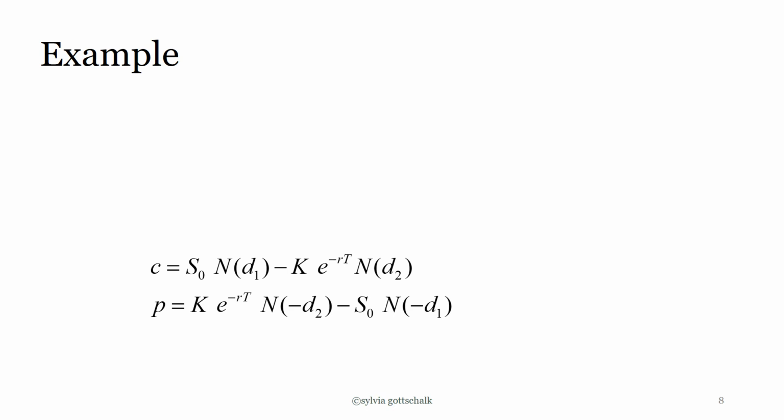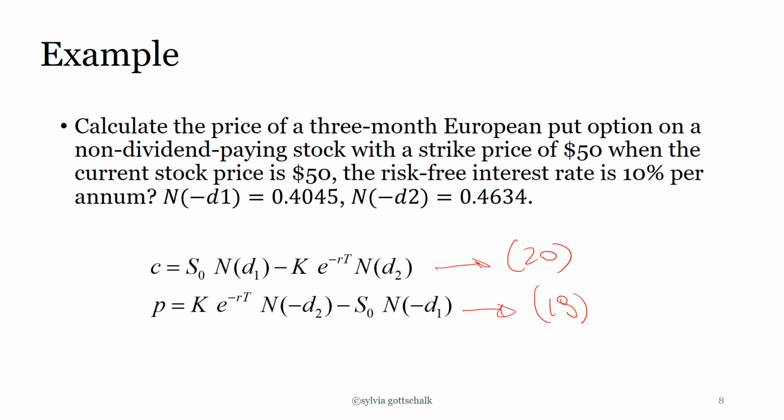So the formulas you need, as I said earlier, are either C and P, but the question says a European put. So you know that you're going to use this one, which is formula 19 in the formula sheet, whereas the call is formula 20.